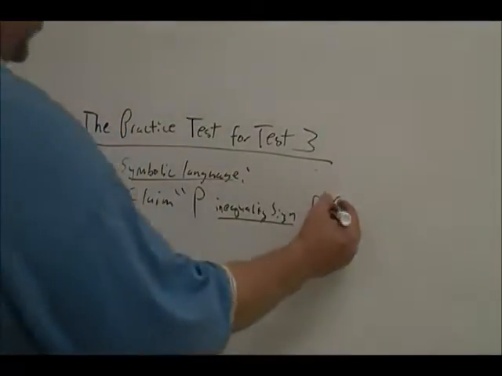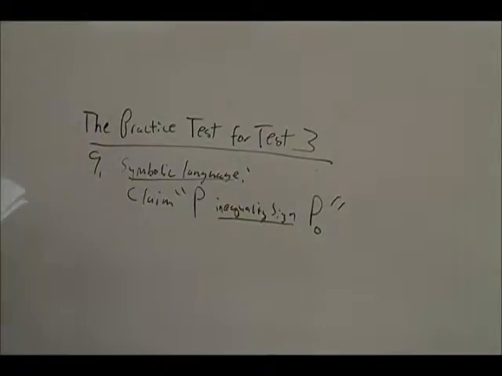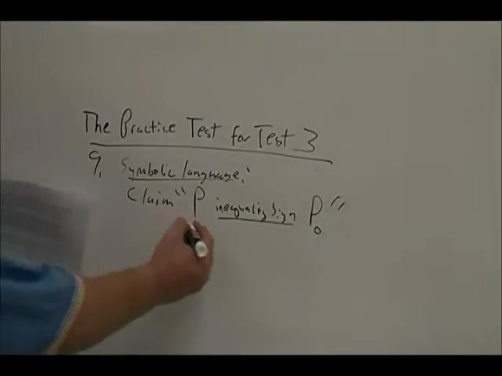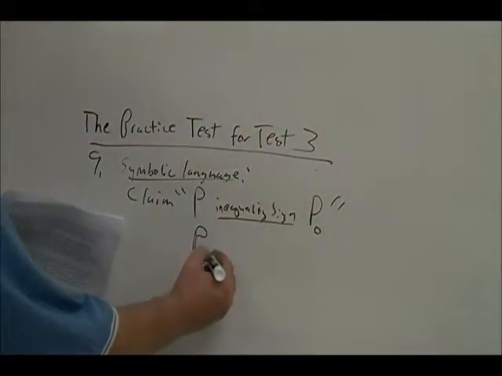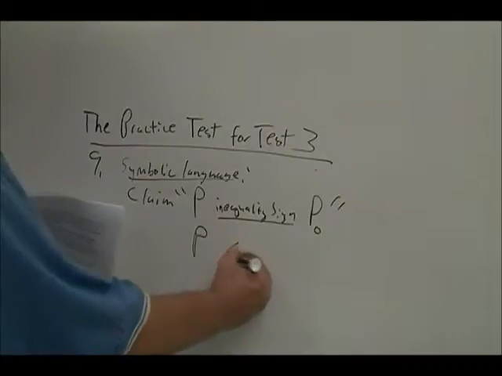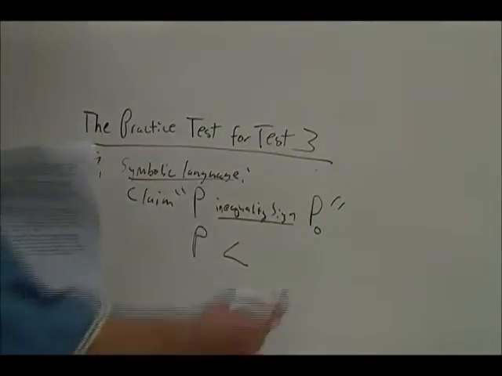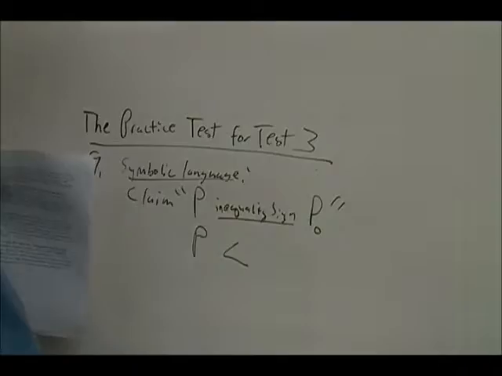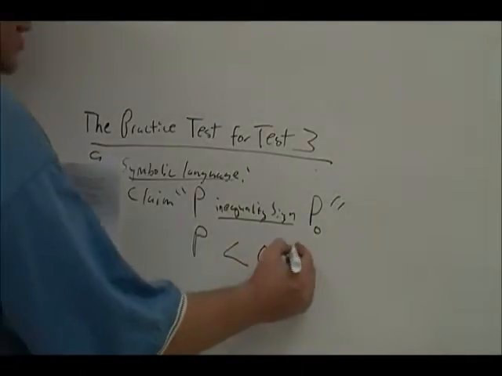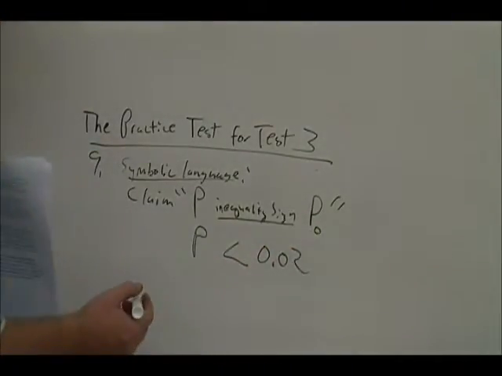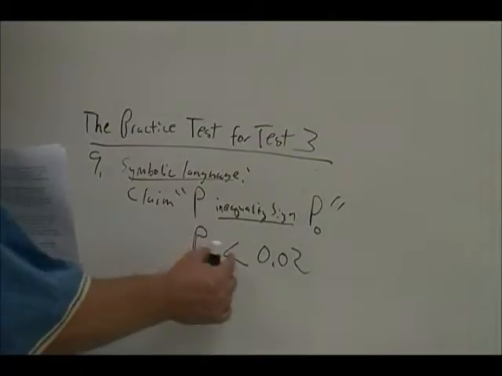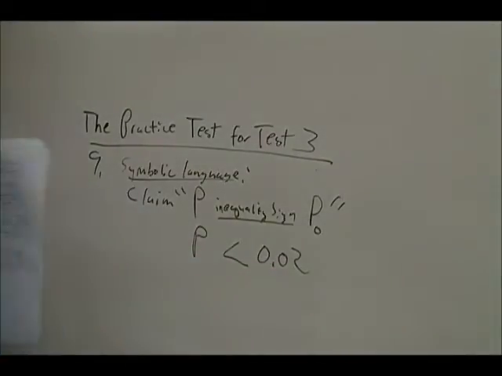And if you read the words, claims that fewer than 2% of their manufactured products, that's the same as saying what? The population proportion is less than. Fewer means less than. And how do you write 2% as a proportion? You write it as 0.02. So the symbolic language for the claim is that the population proportion is less than 0.02.